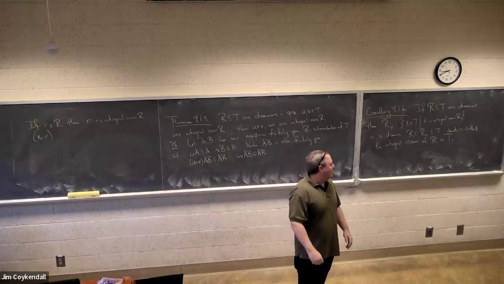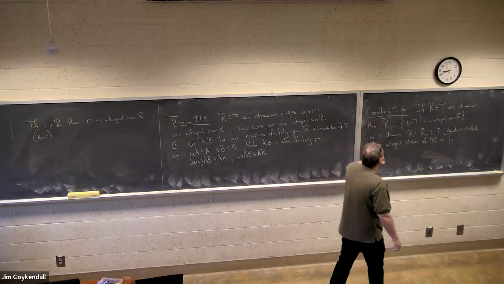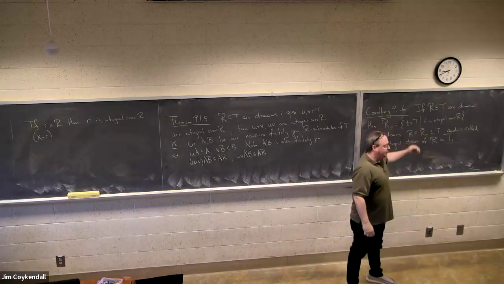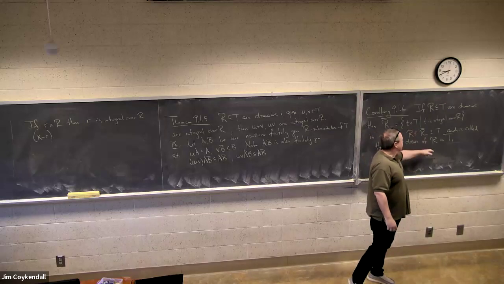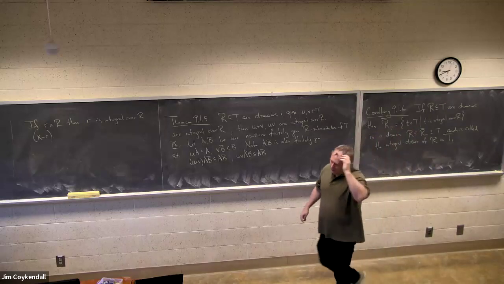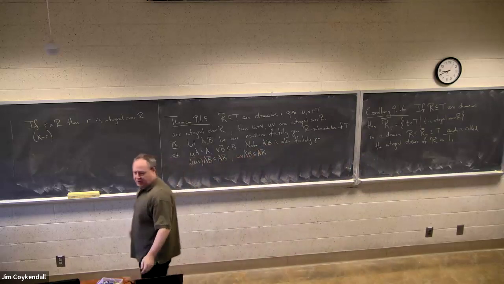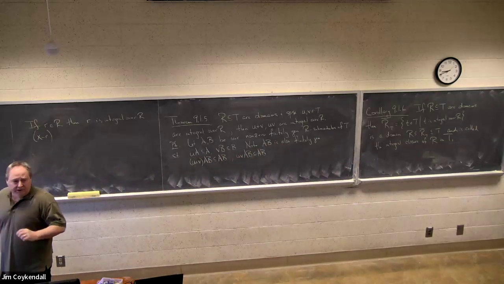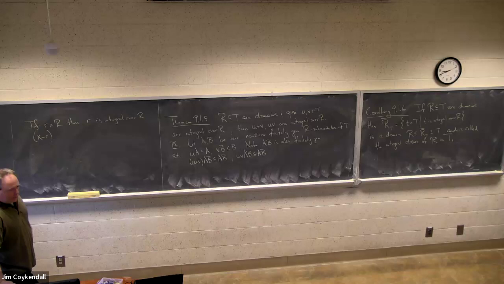So as a set of elements, R is contained in here, no problemo. And of course, by definition, it's contained in T, right? And so the only thing that we have left to show is that the integral closure of R in T is in fact a ring.